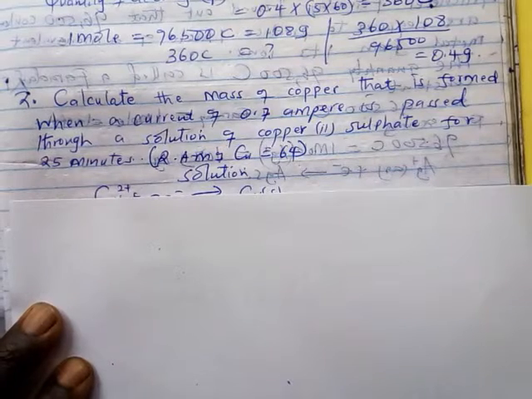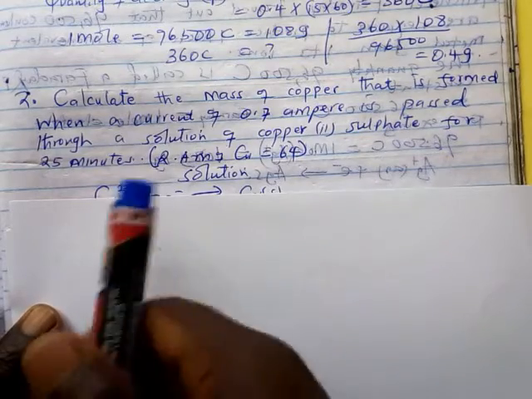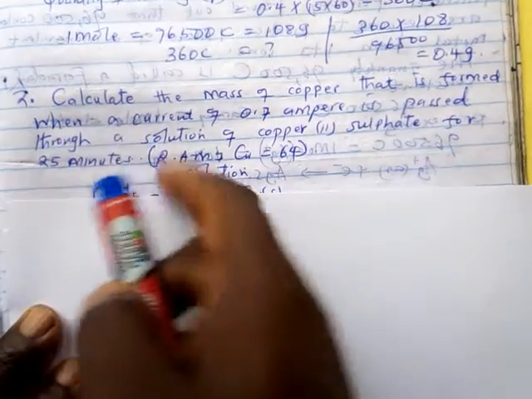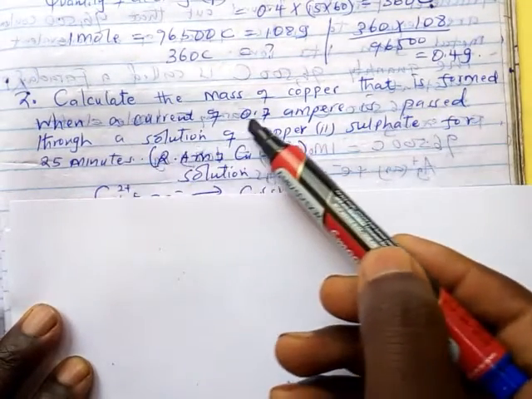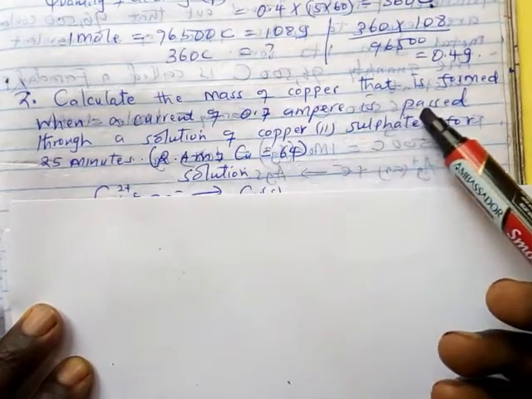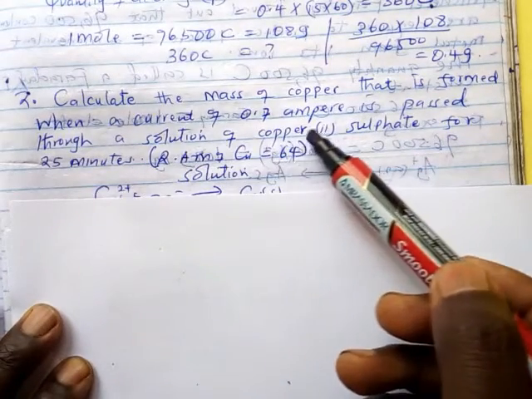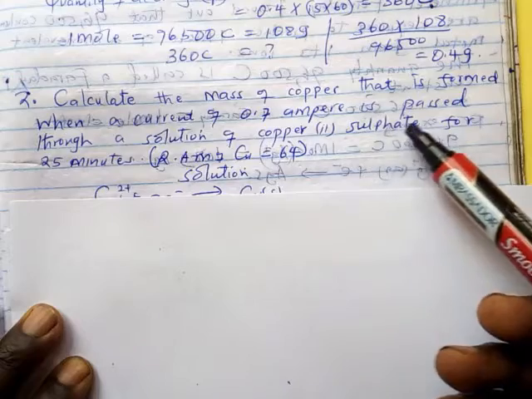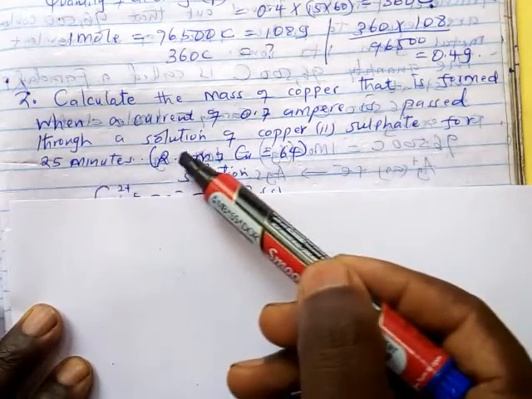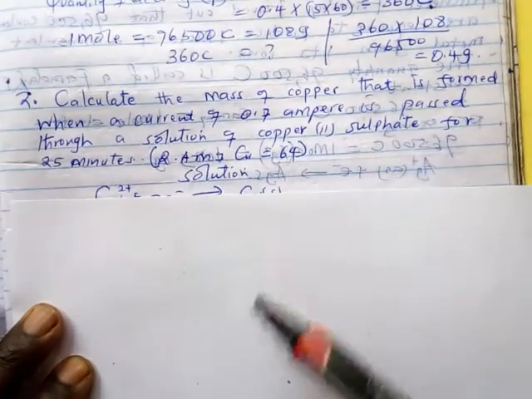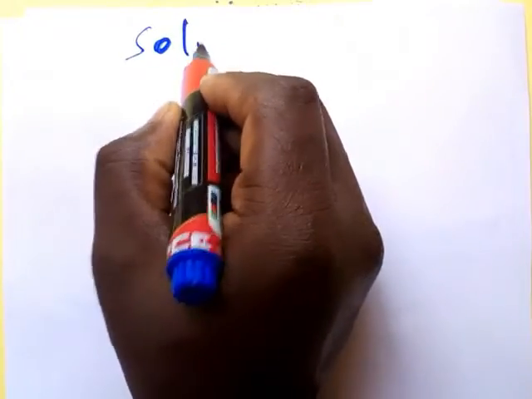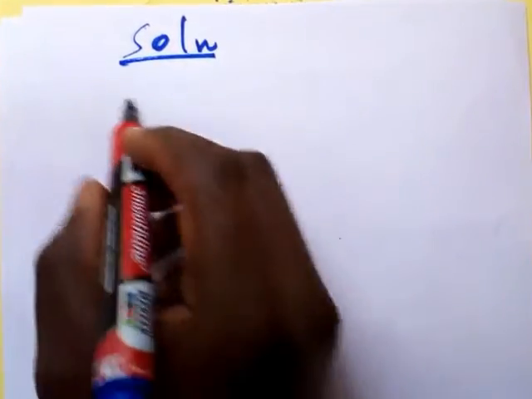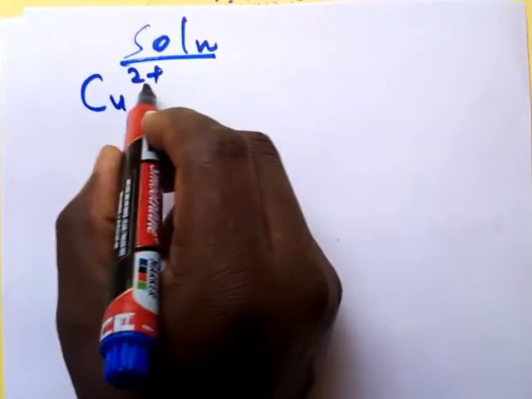Example 2. Calculate the mass of copper that is formed when a current of 0.7 amperes is passed through a solution of copper 2 sulfate for 25 minutes. The RAM of copper is 64. So in our solution, we know copper is divalent.